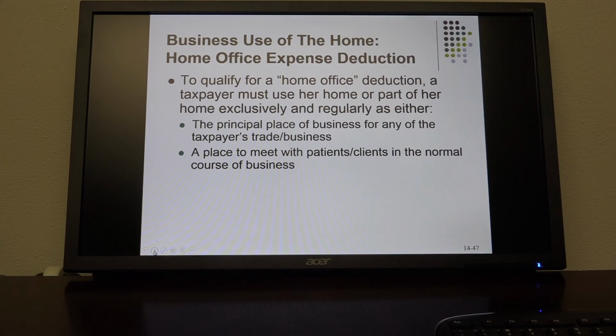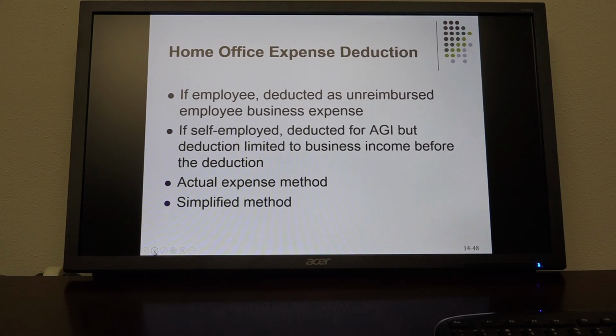Sometimes you just don't want to go into the office, you just want to do your work at home, so you have this home office. That's not going to work either. And so this is mainly meant for sole proprietors and those types.